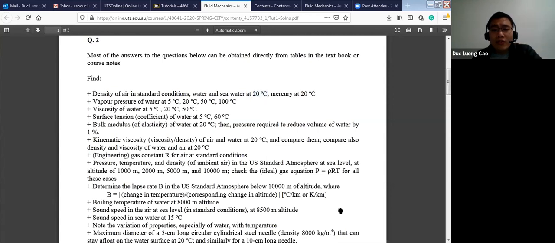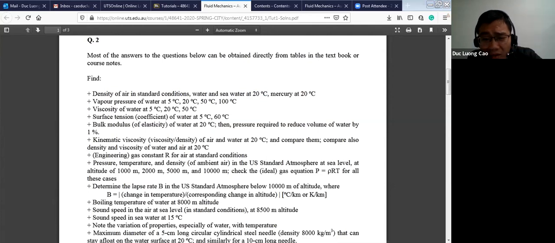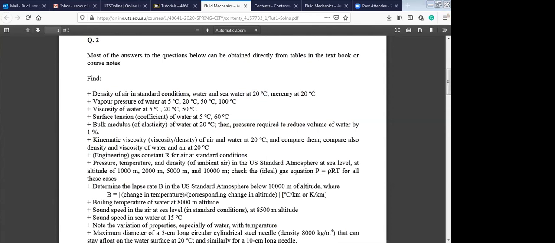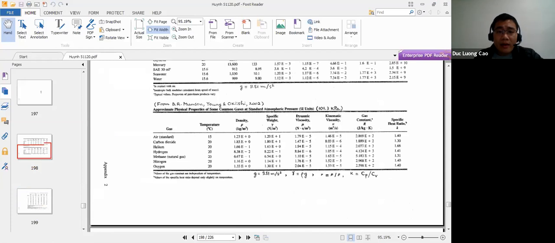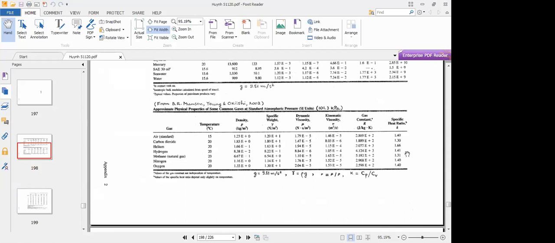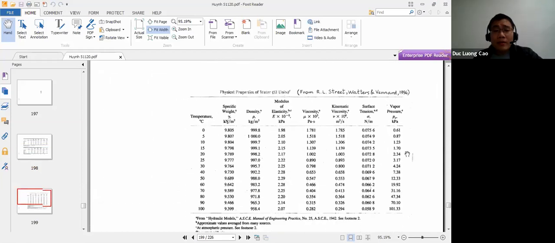Can you show the air part as well? Show the air part again. Density of air. Here, air at standard condition, you see table 2, air standard, density 1.23. So the density of water is constant, 1000.